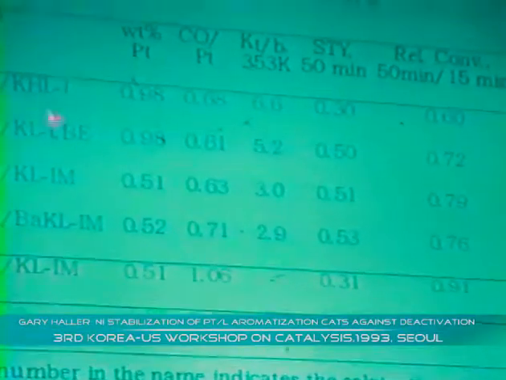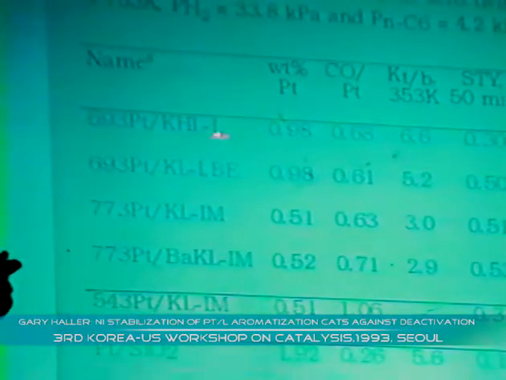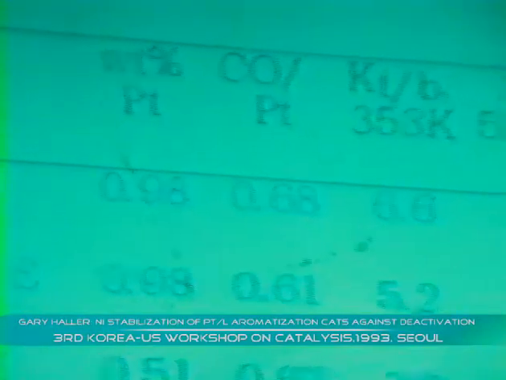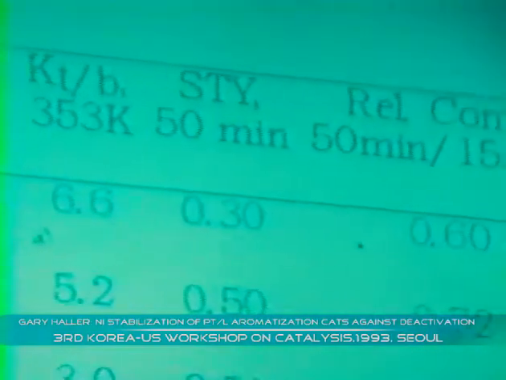That's indicated by the I here. This is the calcination number. When you prepare them by ion exchange, you inadvertently, by virtue of that preparation, introduce some acidity, and that is always undesirable.